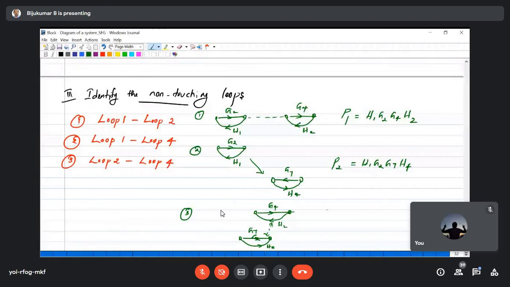And the third one, G4, H2, G7, H4. So is there any three non-touching loop exist in this?